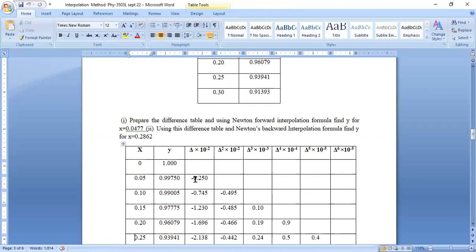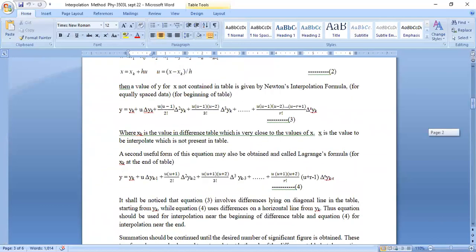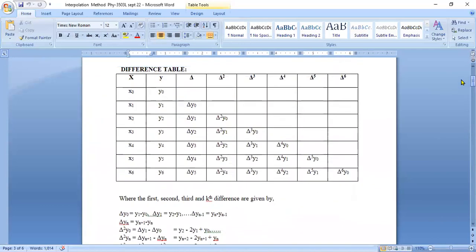Del y0 will be equal to y1 minus y0. This is del y1. Del y1 is y2 minus y1. Then similarly, you calculate the difference table: del y2, del y3, del y4, del y5. So del y5 is y6 minus y5.